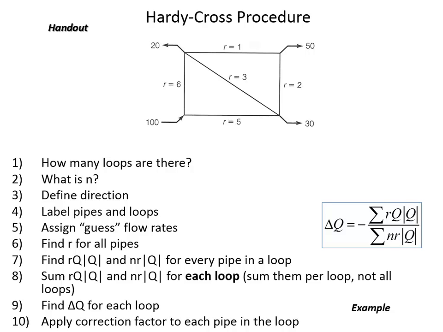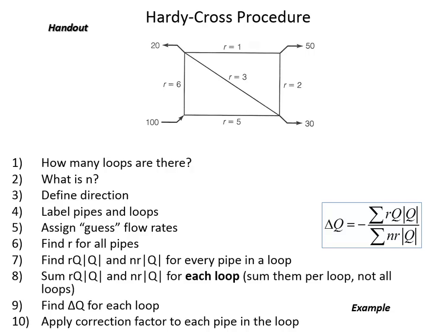Well, let's just take a look at what iteration 2 is going to look like. So in iteration 2, loop 1, we've got pipe 1, 4, 1, 3, and 3, 4. The ends will still be 2. The R's will be the same, 6, 3, 5. Now, for the flow rates, this is a really important thing, selecting the right flow rate.